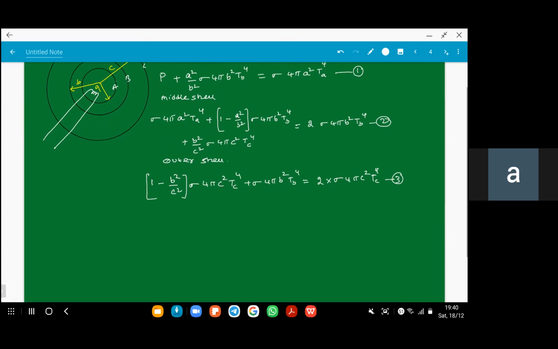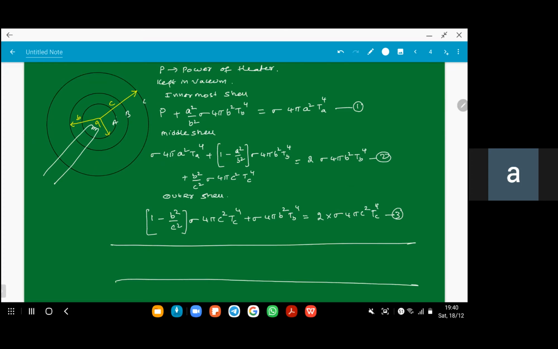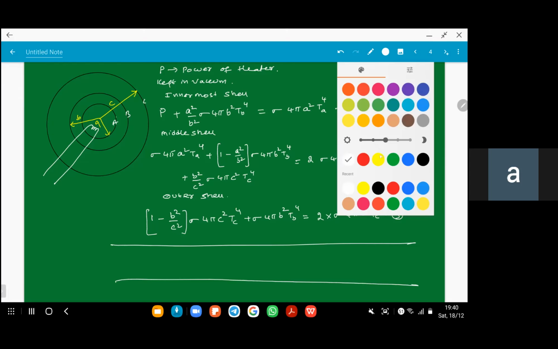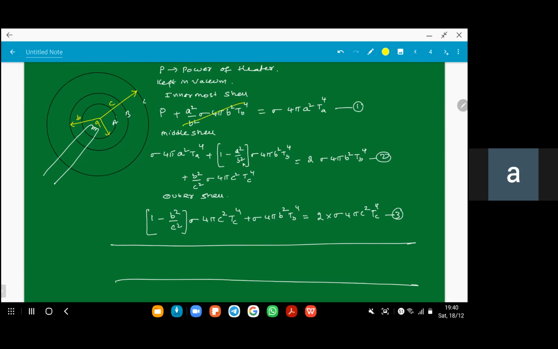So now I'll simply add all the 3 equations. You may not trust me by adding all the 3, or just believe me, some terms will cancel. Now you see, this part gets cancelled over here. Similarly, this part gets cancelled over here.